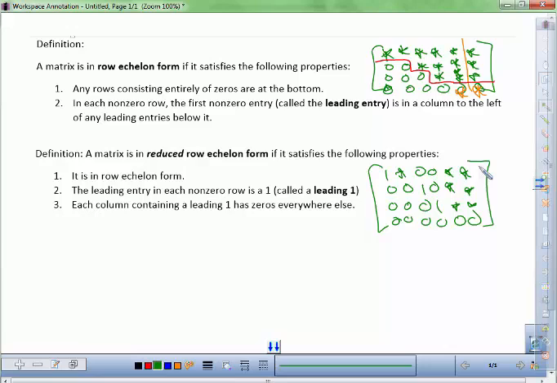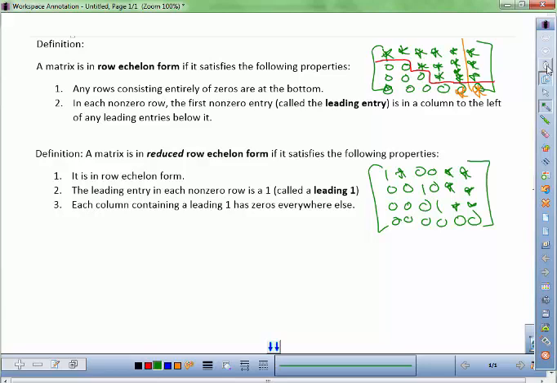Okay, so that's a reduced row echelon form, and computers are nice tools to help us find these things. And so how do you go about doing this?